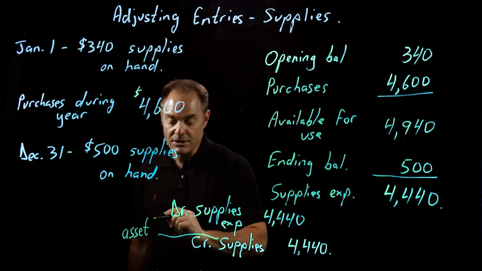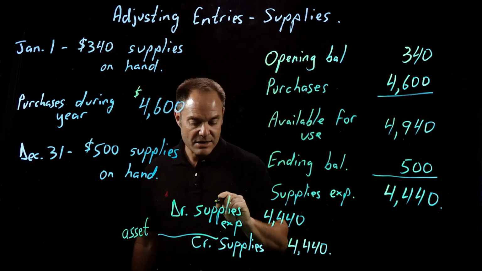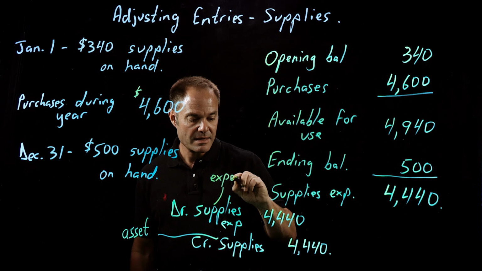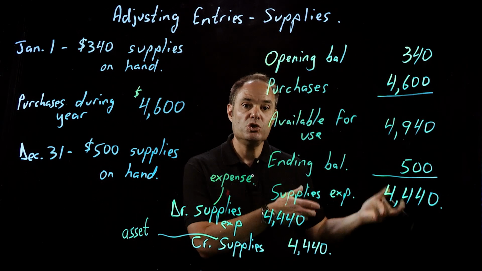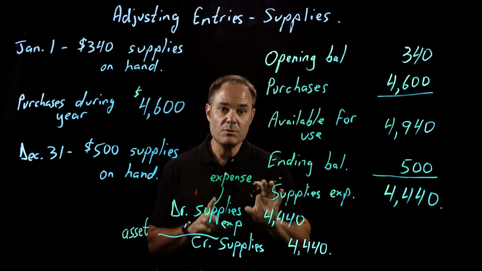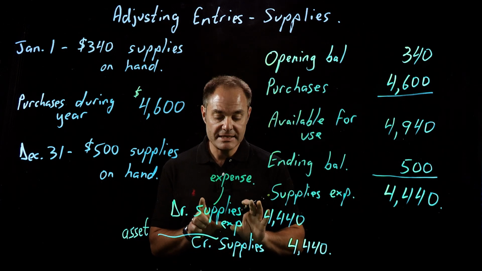It's the supplies that are owned by the company, available for use. This account over here, supplies expense, is, as the name implies, an expense. The supplies that have been used. So it's very important that we're very explicit, whether we're talking about the supplies account or the supplies expense account.